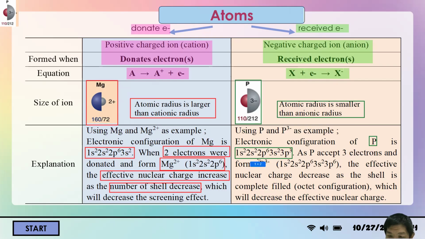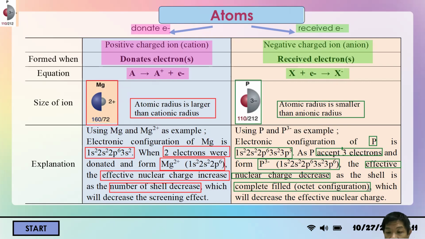As phosphorus accepts 3 electrons to form P3-, where you have 1s2, 2s2, 2p6, 3s2, 3p6, the effective nuclear charge decreases as the shell is completely filled, giving an octet configuration. When there is an increase in the number of electrons, the screening effect becomes more significant. That is why the effective nuclear charge decreases.